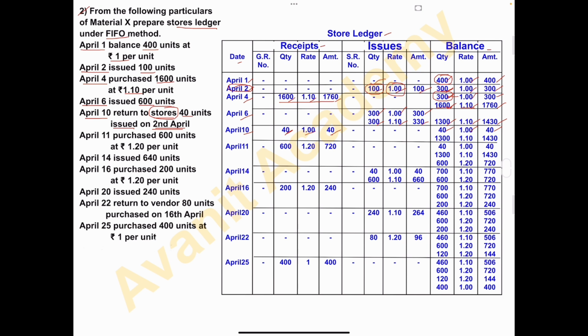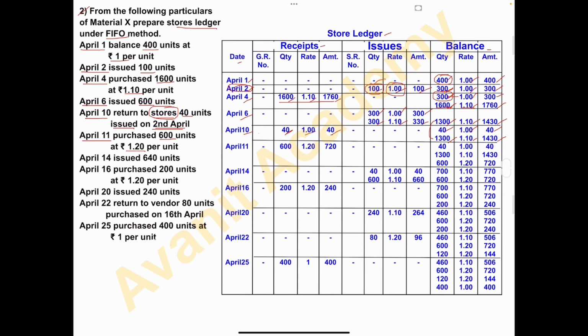Next we'll write the previous stock, that is 1300. Write this one here. 1300 at rupees 1.10 and 1430. Got this entry? Next entry is on April 11th. Purchased 600 units at rupees 1.20 per unit.